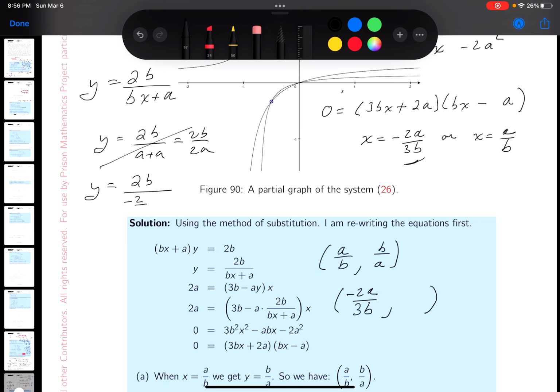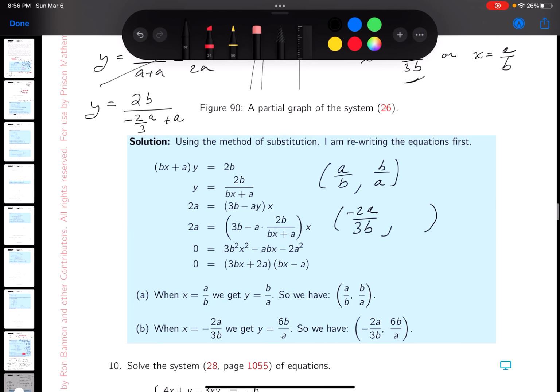So that's going to be minus 2a over 3 plus a, right? Well, that's not so bad. What do you get over there? You get 2b, well, minus 2/3 plus 1 is going to be 1/3. And what would that give me? Y would be 6b over a. I'll write that down for you.